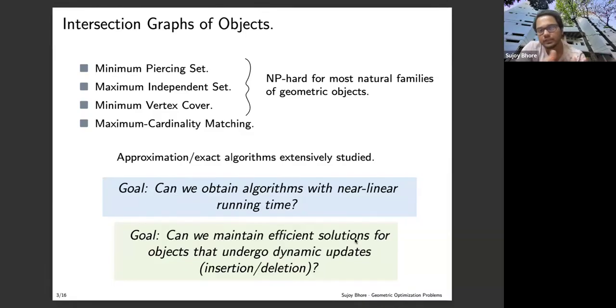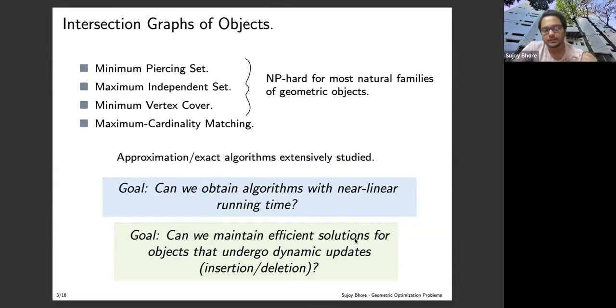They are changing over a period of time, in the sense that a portion of the input is inserted or deleted over a sequence of updates. The goal is to maintain efficient solutions, not just to compute at one particular point of time, but to maintain these solutions over a period of dynamic updates, let's say through insertions or deletions.